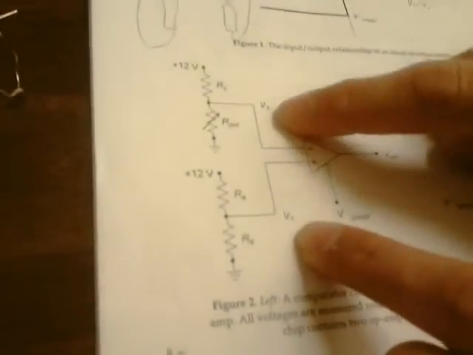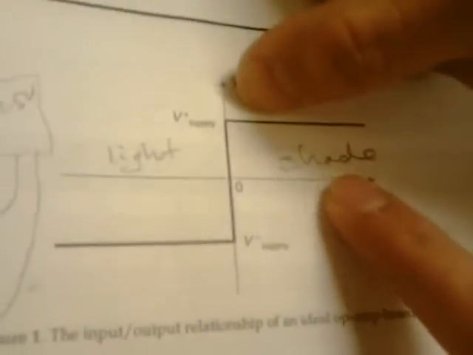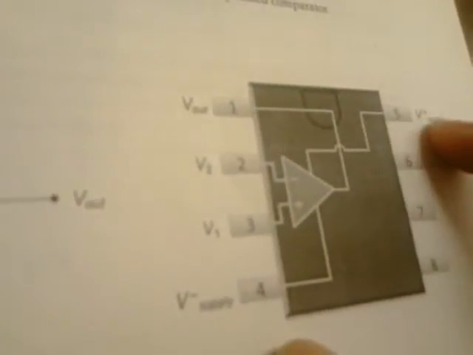If V1 is greater than V2, then based on this graph up here, V out is going to be V plus supply. And if V1 is less than V2, then we go down here, so V out is going to turn into V minus supply, which is this one right here.